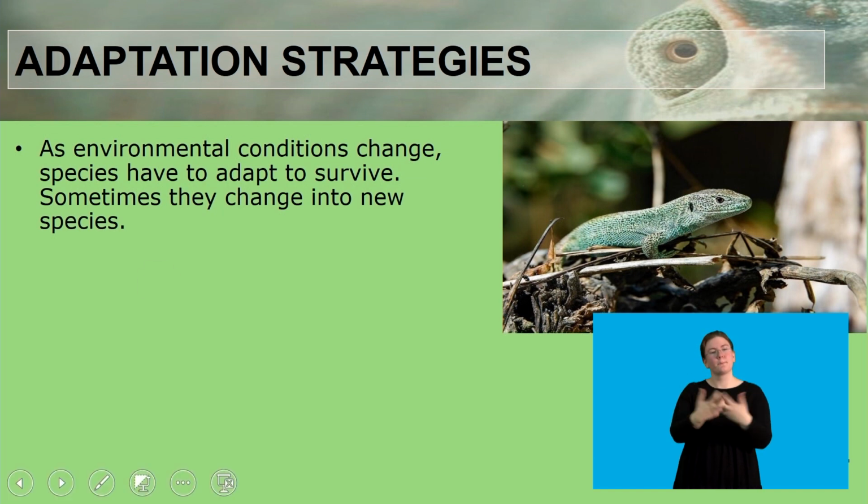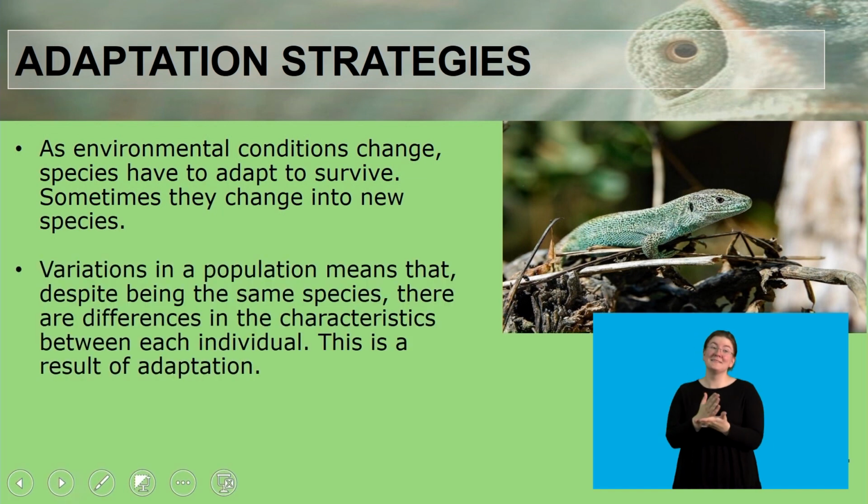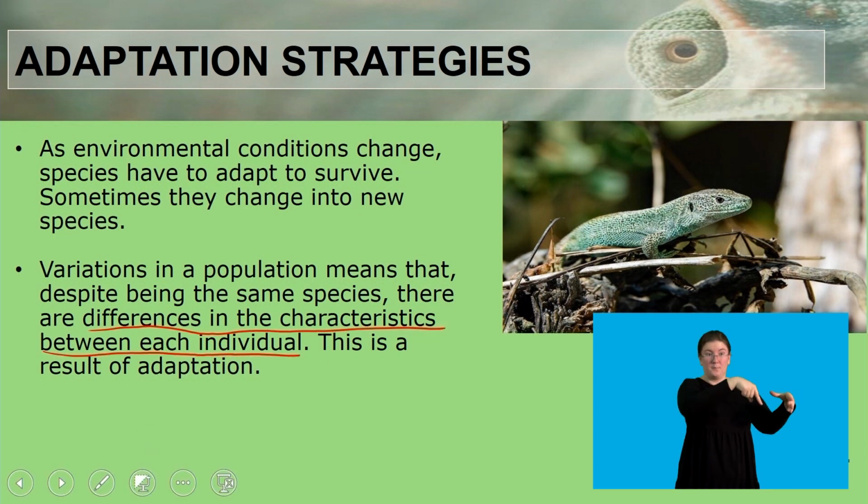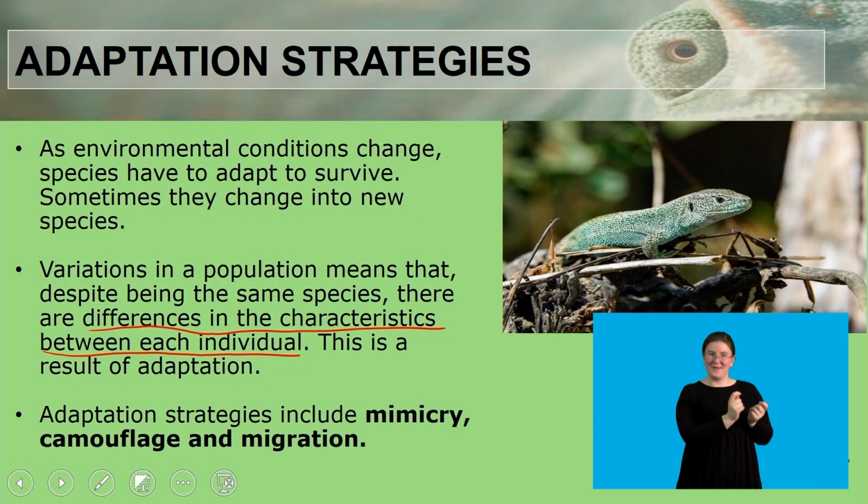Some of them change into new species. Variations in a population means that despite being the same species, there are differences in the characteristics between each individual. This is a result of adaptation. These strategies include mimicry, camouflage, and migration.